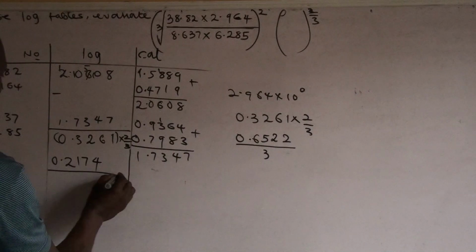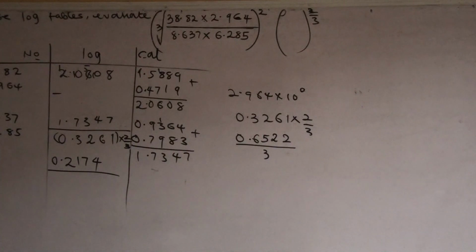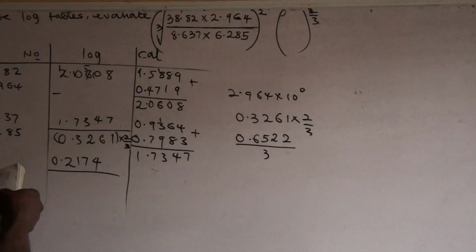Okay, this number we have here, we have to go to our anti-logarithm table. We go to the anti-logarithm table and see 21. Let's look at the anti-logarithm table.